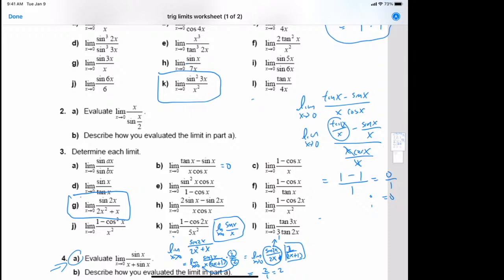Oh, okay, I see. Oh, I'm looking at Valeria's work, and I don't know how did you convert sine squared of 3x into 3 sine of 6x? How did you do that again?